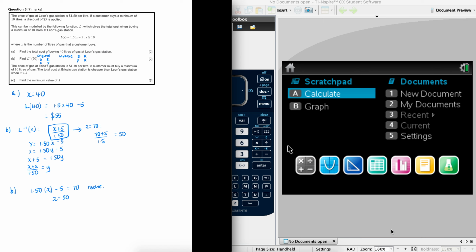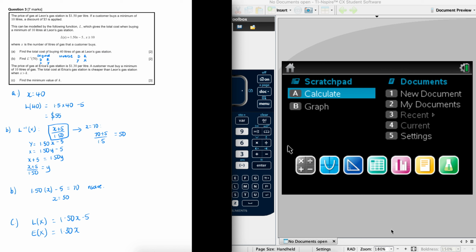In order to answer this question, we're thinking about these two different functions. The first one is 1.50x minus 5. And the second one, Erica's, is 1.30x, and we don't get a discount, so it's just 1.30x.